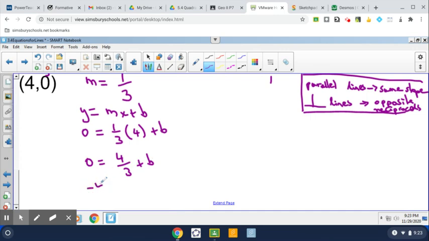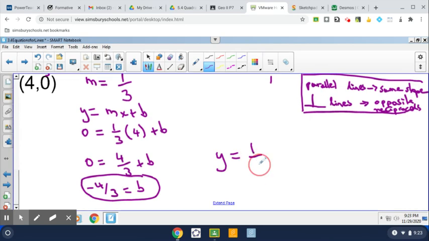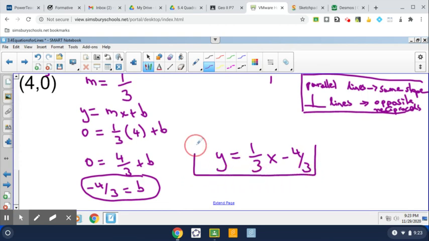So -4/3 is equal to b. So your equation would be y equals 1/3 x minus 4/3.